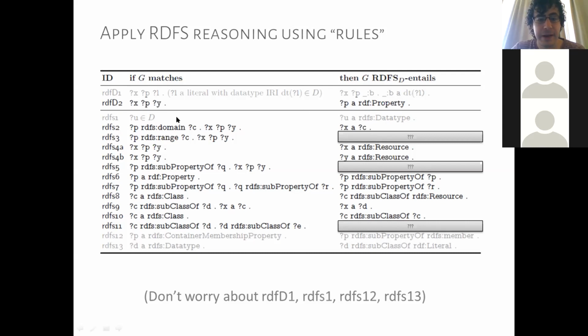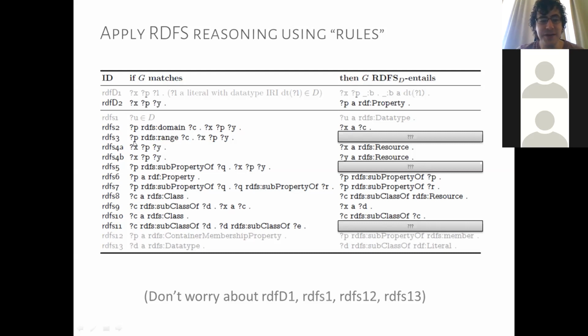If we have, for example, P has domain C and x p y, then we can infer that the subject of the property must be an instance of the domain class. So x type C, x a C. I use a the same way as the shortcut in Turtle. A is a shortcut for rdf:type.